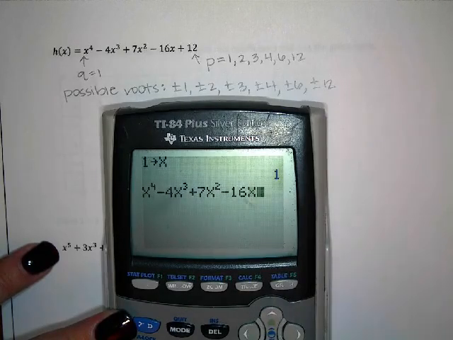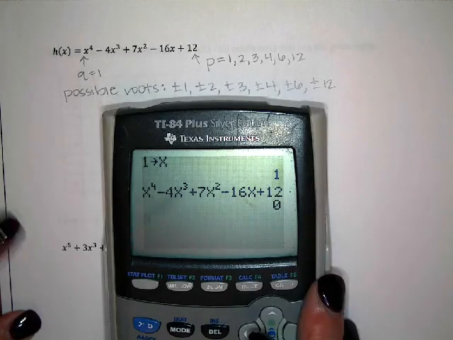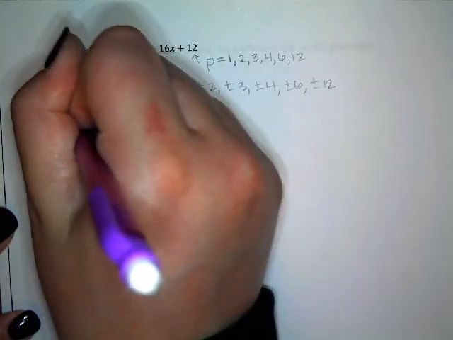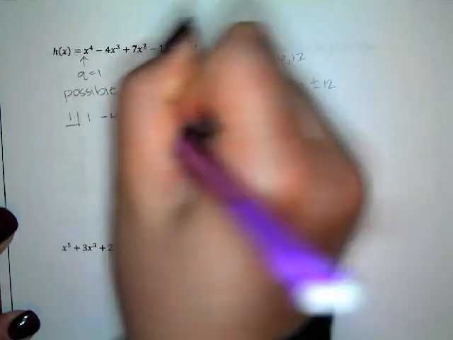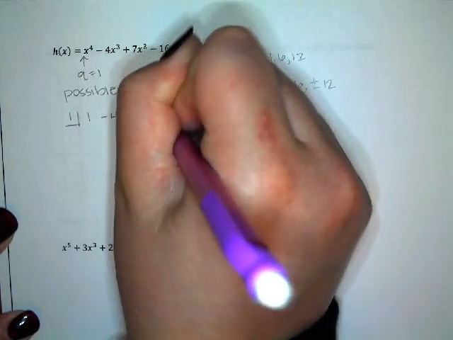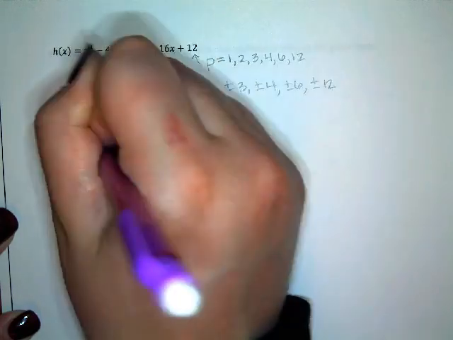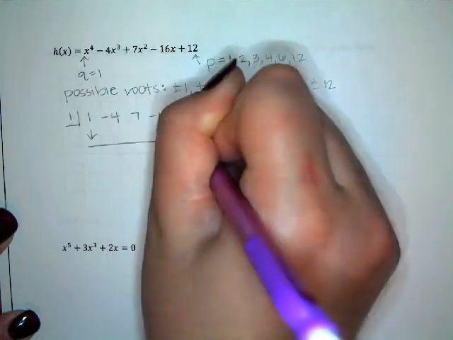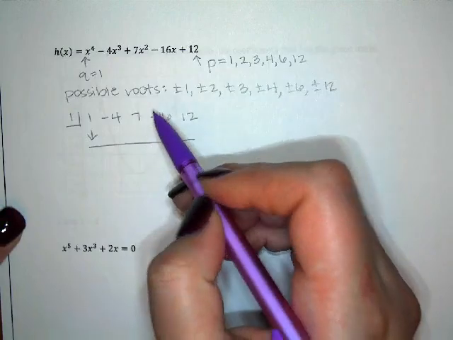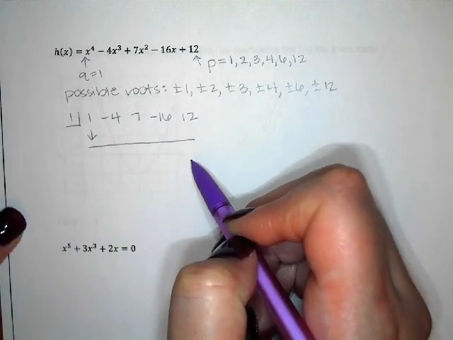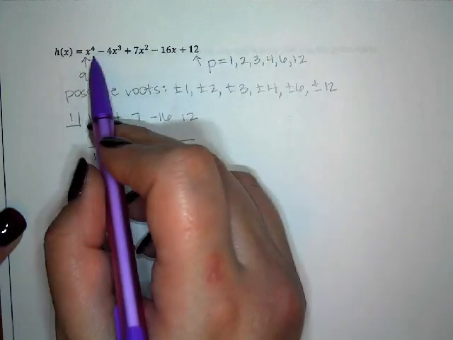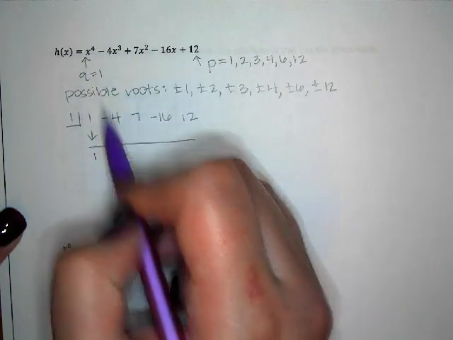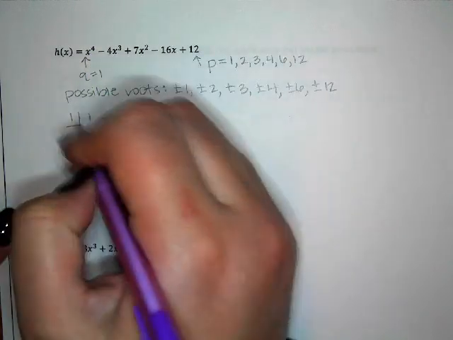Okay, so the first one worked, positive 1. And so I'm going to set up my long division. I know that the remainder is going to be 0. I just want to see what the next function is so that I can keep bringing it down to keep factoring it. So 1 times 1 is 1.